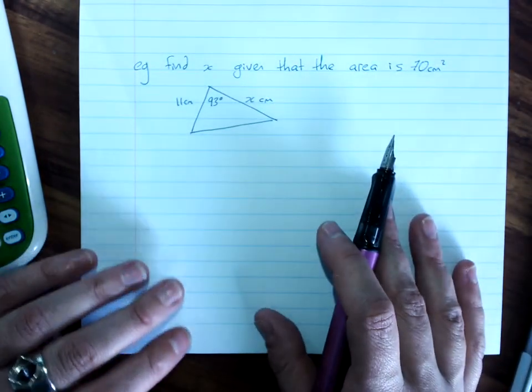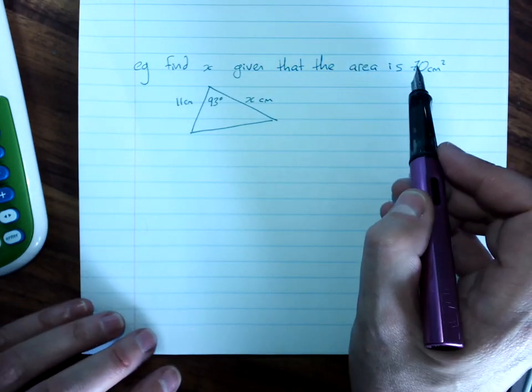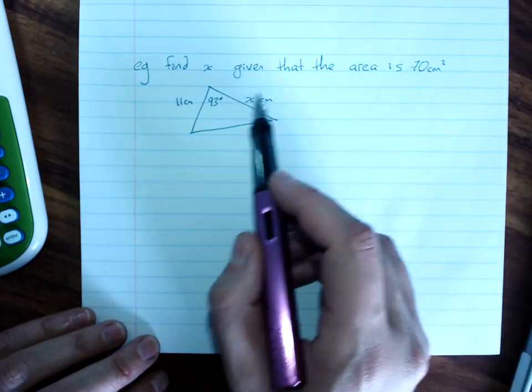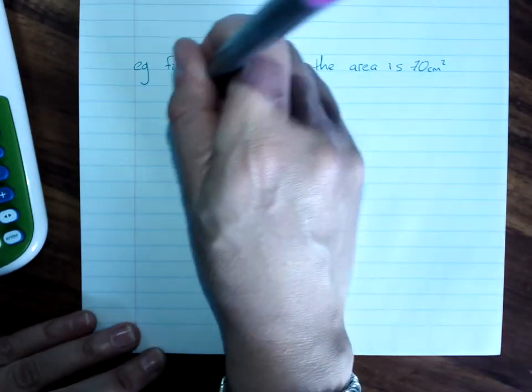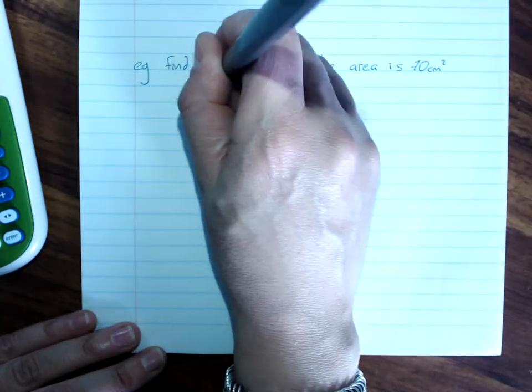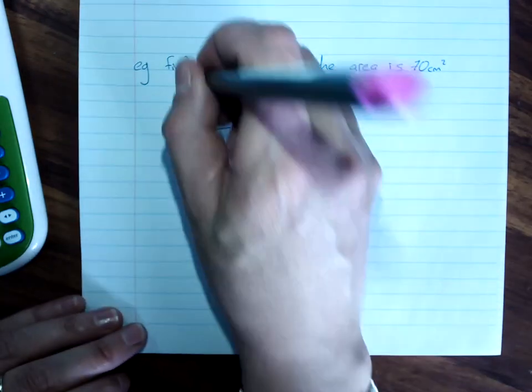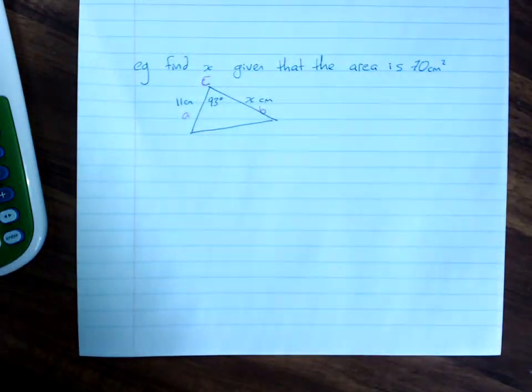The other question you're likely to hit is that you're given the area and you get asked to find one of the sides. So again, label what you've got, A, B, C, that's a capital.